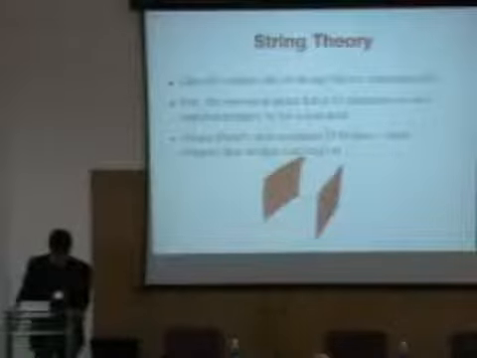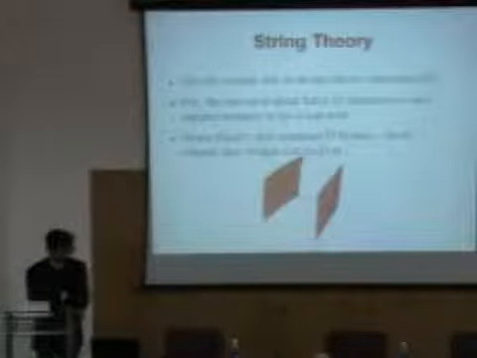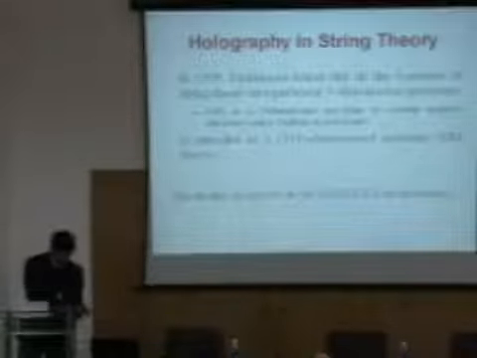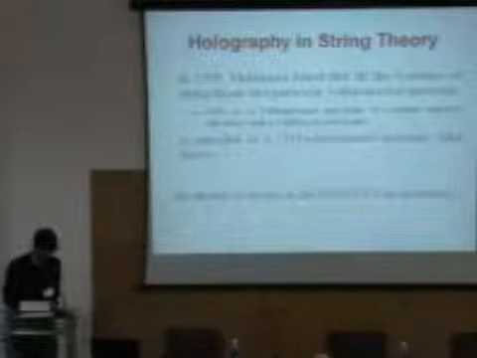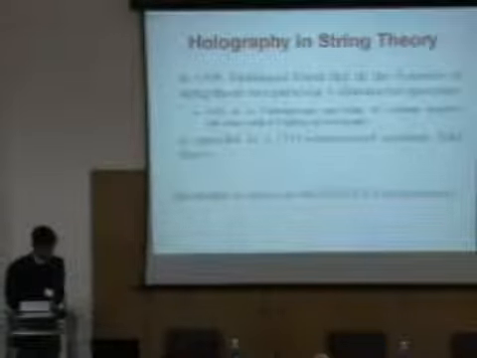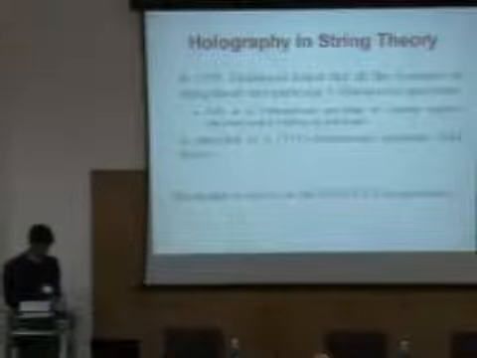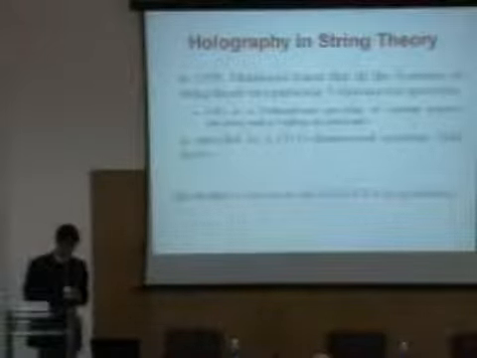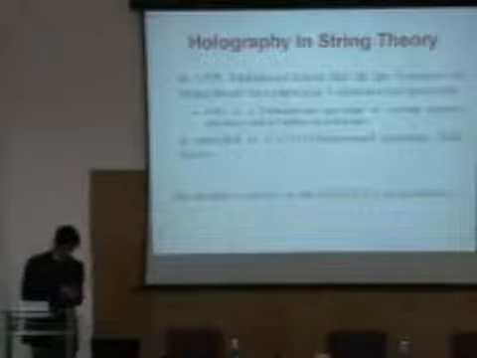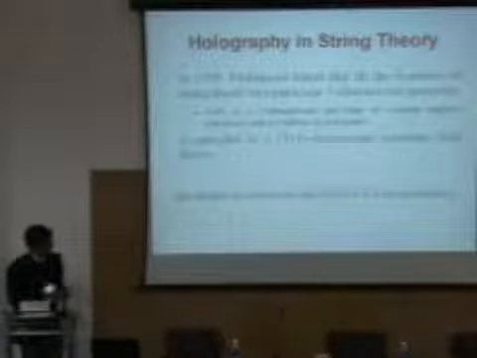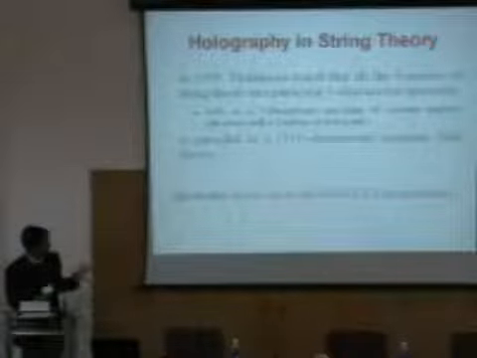So we were asking about holography in string theory. Considering D-branes and the physics of D-branes, Juan Maldacena, an Argentinian physicist, in 1998 found that all the dynamics of string theory in a particular five-dimensional space-time is encoded in a 3+1 dimensional quantum field theory.